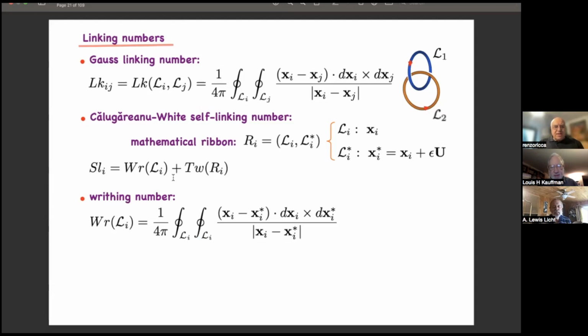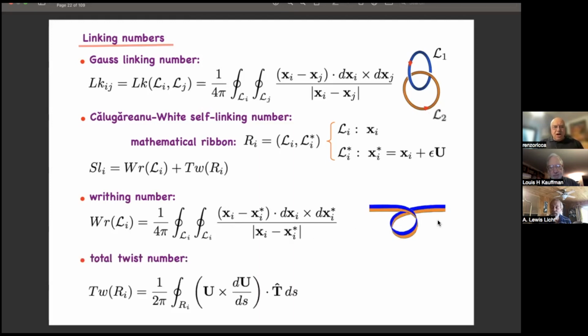Twist of the mathematical ribbon and writhe of, say, the center line, if we like, of this defect, if we refer to defects. This is the formula of writhe, which, as you can see, resembles closely the Gauss linking number and takes care of the coils of our defects in space.